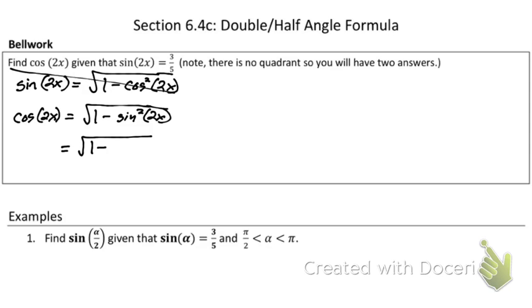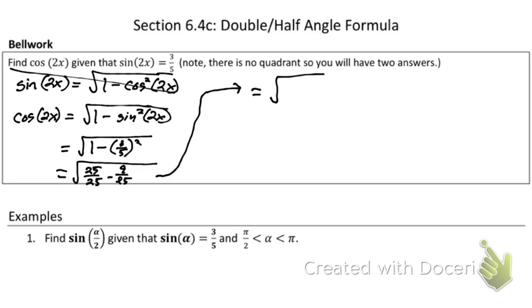Because then we can plug it in and say, well, that equals the square root of 1 minus 3 over 5 squared, which is going to equal the square root of 25 over 25 minus 9 over 25, which is going to equal the square root of 25 minus 9, which is 16 over 25, which equals 4 over 5.